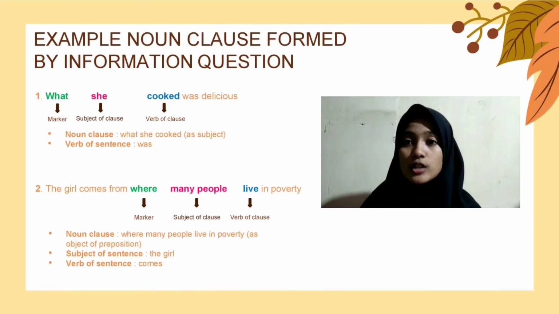"Where" is the clause marker or question word, "many people" is the subject of the clause, and "live" is the verb of the clause. "The girl" is the subject of the sentence and "comes" is the verb of the sentence. Okay, that's all the examples of noun clause.